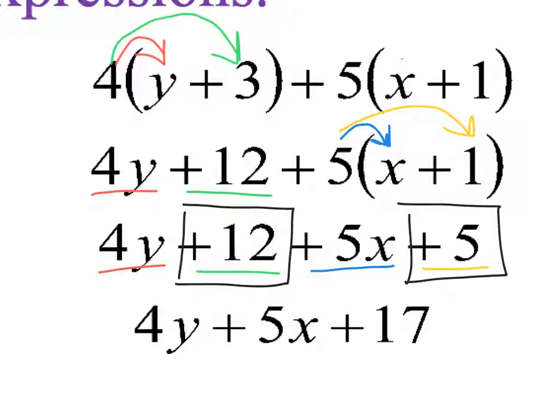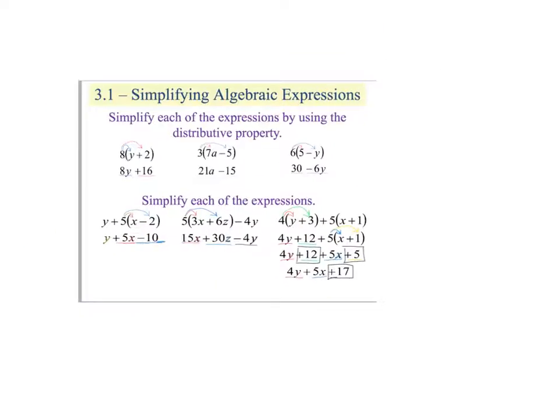Neither of them has a variable, which will give us positive 17. The y cannot combine and the x cannot combine, so these stay separate. The only things we combine in that equation are our 12 and our 5, because they're both constants and we are adding them, so it becomes 12 plus 5, which gives us a positive 17.